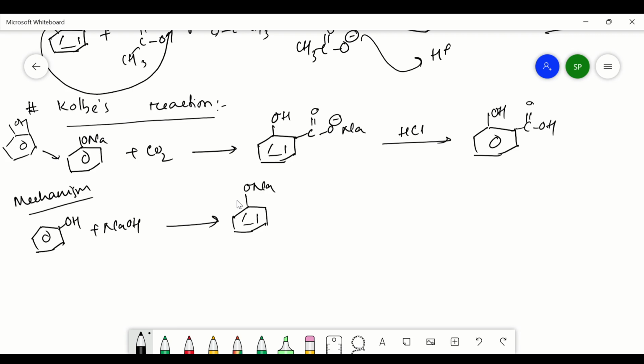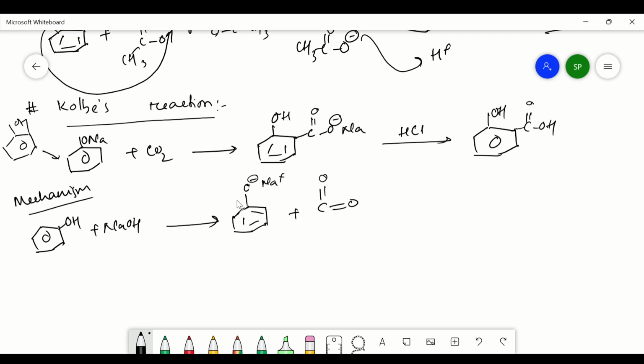Then it reacts with carbon dioxide, whose structure is O double bond C double bond O. The ONa is O minus and Na plus.